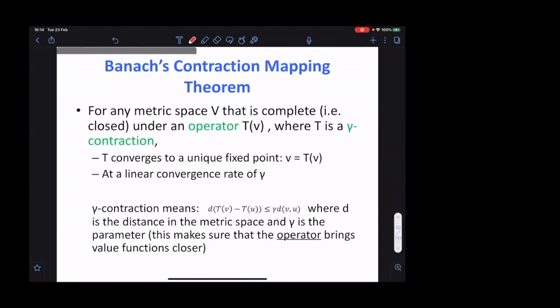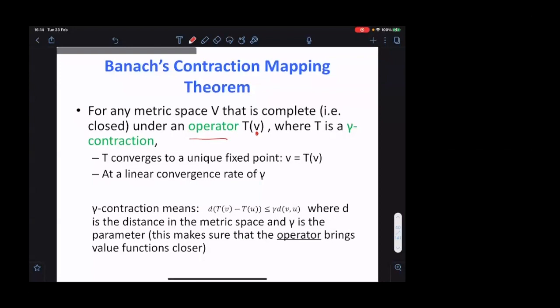And as I said, this Bellman backup function is nothing but an operator over this value function, or a point in the high dimensional space. We will show that this operator is a gamma contraction.